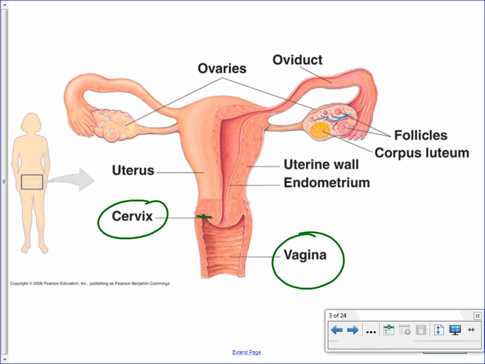Cervix is the barrier that we find separating the vagina from the uterus. We can also see in this picture here that it does talk about two different parts of the uterus. There is the uterine wall itself, and the uterine wall is a muscular structure, and the inner lining of the uterus is referred to as the endometrium or the endometrial lining, and that's just what I'm shading here in green.